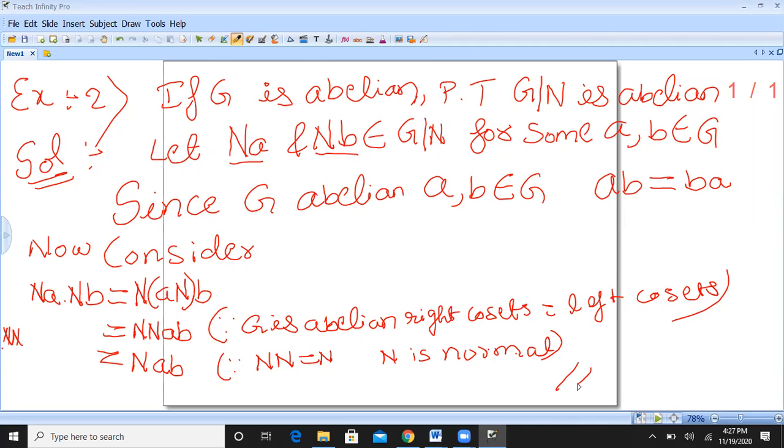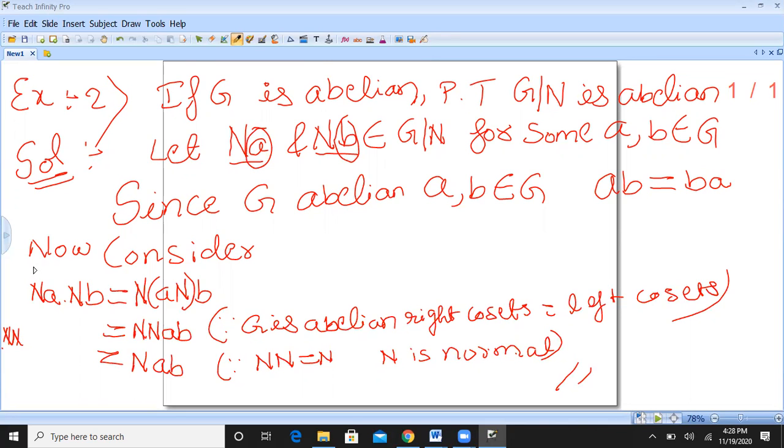We took Na and Nb belonging to G by N, so directly a, b belong to G. Since G is abelian, a, b also belong to G, so we can write ab is equal to ba, like 2 plus 3 is equal to 3 plus 2, by the properties of groups.